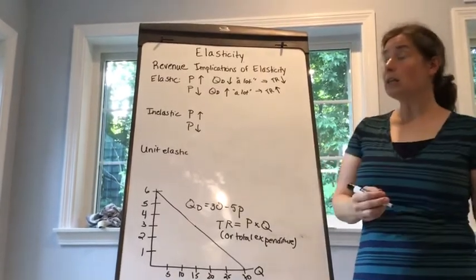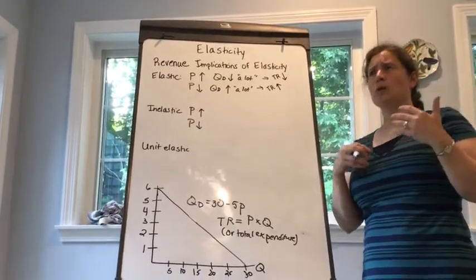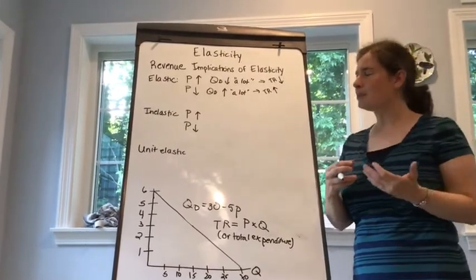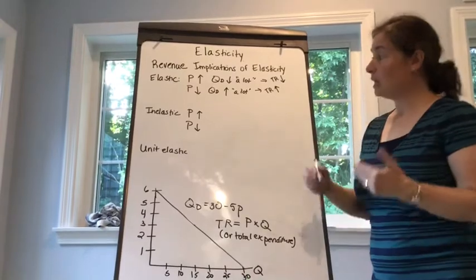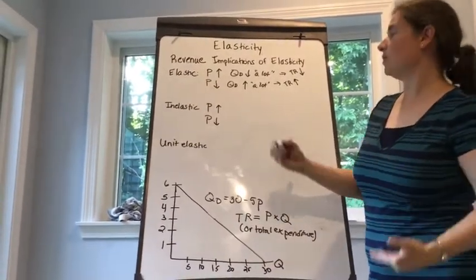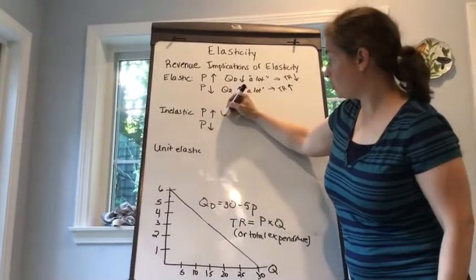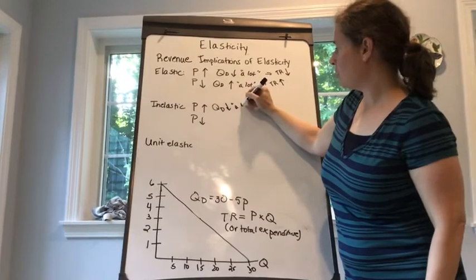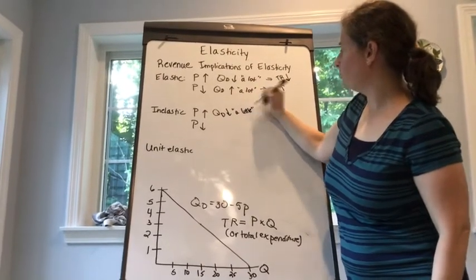Now for inelastic demand, when quantity is less sensitive to price, we can probably predict what's going to happen. If demand is relatively inelastic, quantity doesn't respond very much. So when the price increases, quantity demanded will still fall, but only a little.